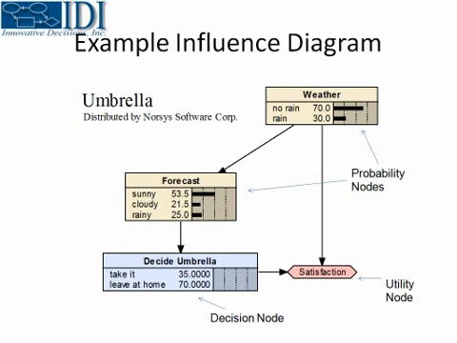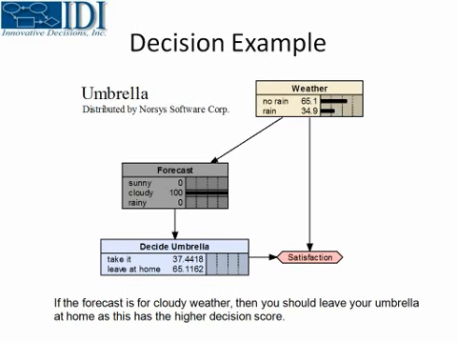It only rains like 30% of the time. But if I have some information available, like I know it's cloudy, then there's a better chance that it might rain, and therefore my take it score has risen and my leave it home score is lower. But you're correct, that's a score. It's not a percentage.